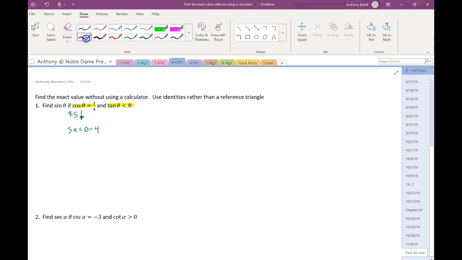Now, if I use the third Pythagorean identity, so I call that P3, that says tangent squared theta plus 1 is equal to secant squared theta. Because we know what secant is now, I can plug 4 in for secant.